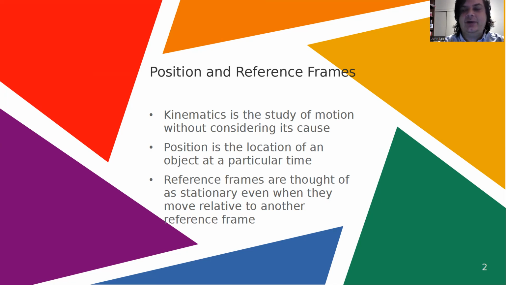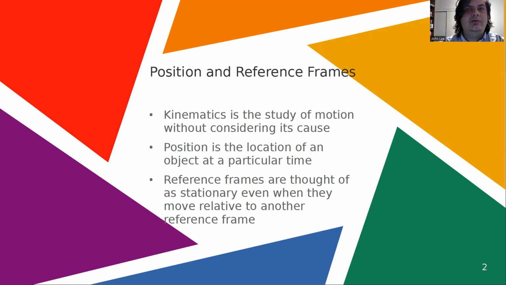So reference frames are ways to look at a system and ways to think of it as stationary, even when one reference frame is moving relative to another reference frame.